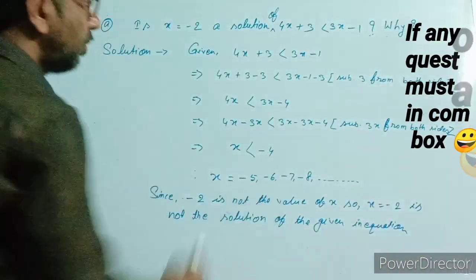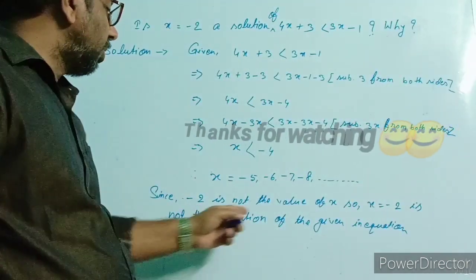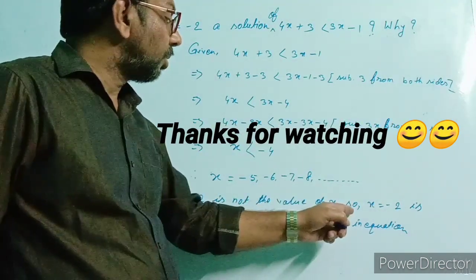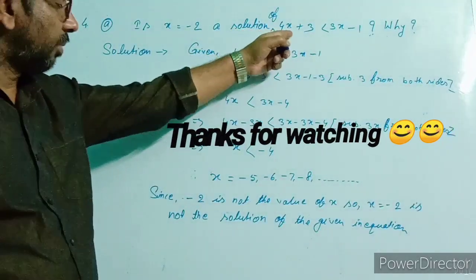In this sentence, I wrote this reason. Why? Because this minus 2 is not a value of x. Therefore, x equal to minus 2 is not the solution of the given inequation.